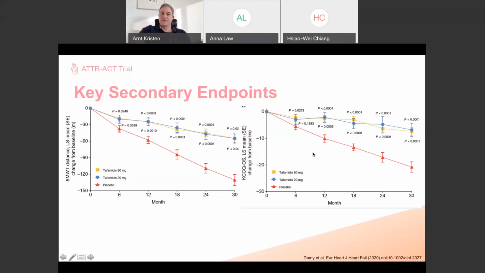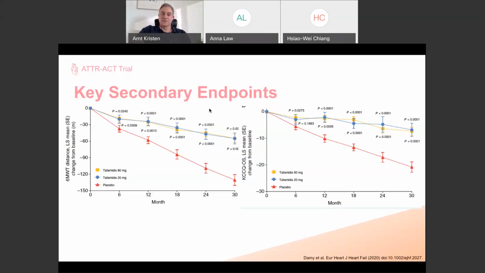So additional analyses have been made looking at cardiac biomarkers and comparing the 20 and 80 milligram groups, which have recently been published by Thibaut Damy in the European Heart Failure Journal.